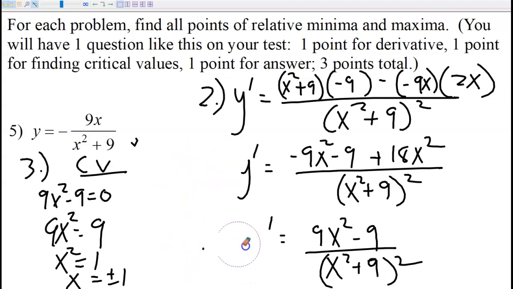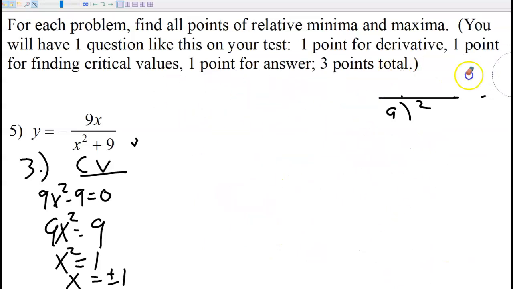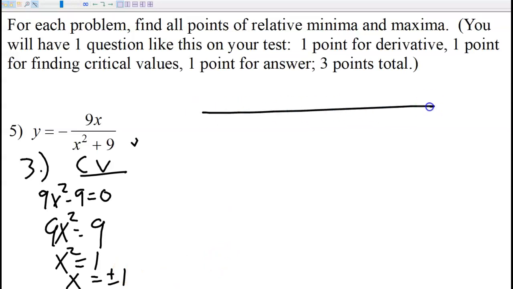All right. And now we're ready for step 4. Now in step 4, even if it's a discontinuity, I would say include it on your number line test. But just remember at the end, don't count it as a relative min or a max, but it's important to put it on there, otherwise you might not pick the right numbers because it has to be on intervals of increase and decrease, and places where it's discontinuous is a place where it can change from increasing to decreasing.